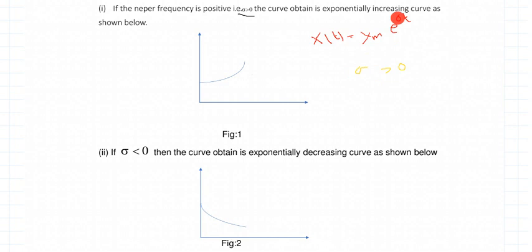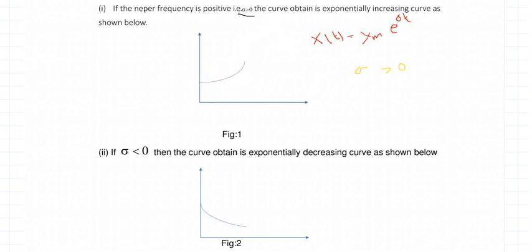And if we consider positive values of t, the exponential term with positive powers is increasing with respect to time. As time increases, e raised to sigma t increases. So it is an exponentially growing signal.